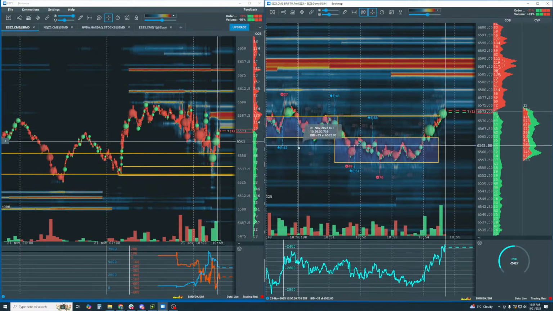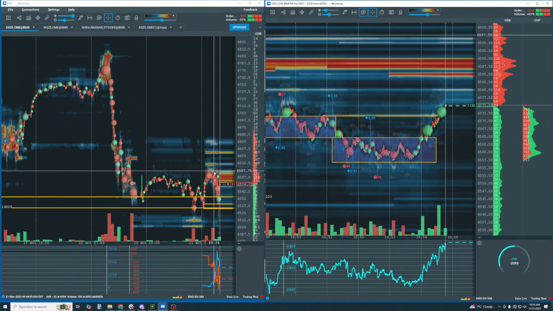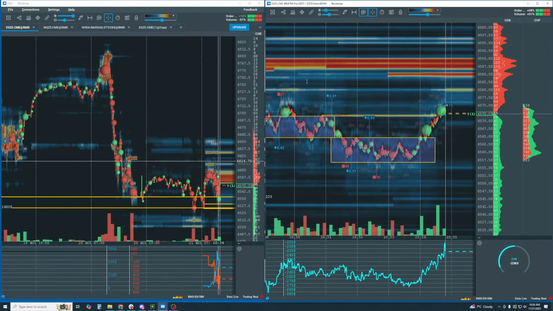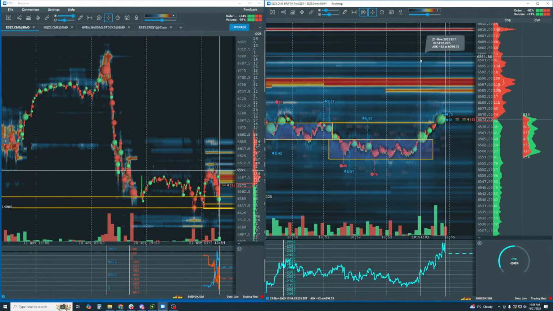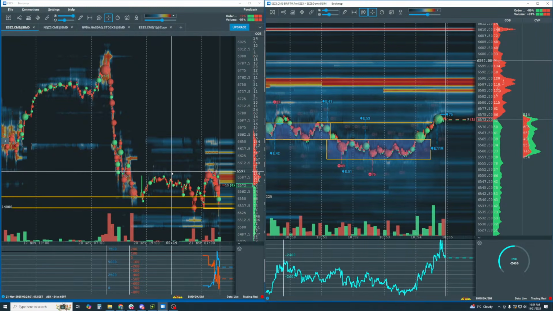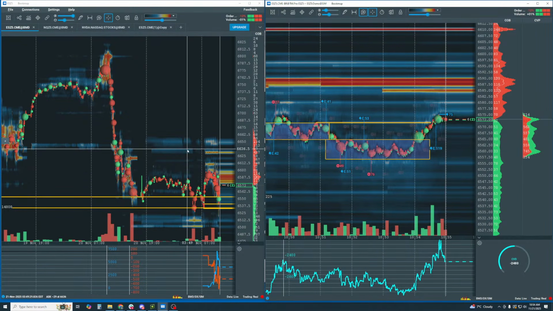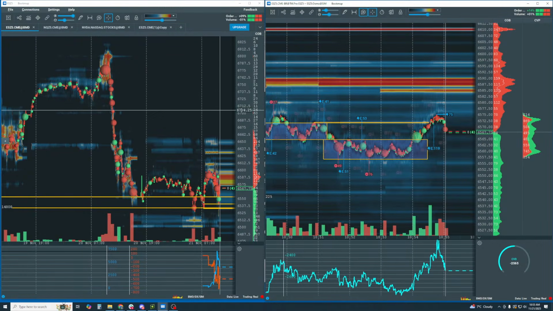Okay, here they come. Let's look at our higher time frame here. Yeah, we're just looking for the move up into around 66.00 basically. So even a little higher here, on the higher time frame, right? 66.50 potentially as well.